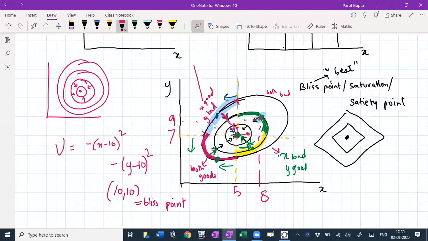Whether it's a hyperbola or parabola does not matter. The curvature will just depend upon your actual utility function, mathematically, the function that is given to you. But the direction is just indicated by whether it's a good or a bad.